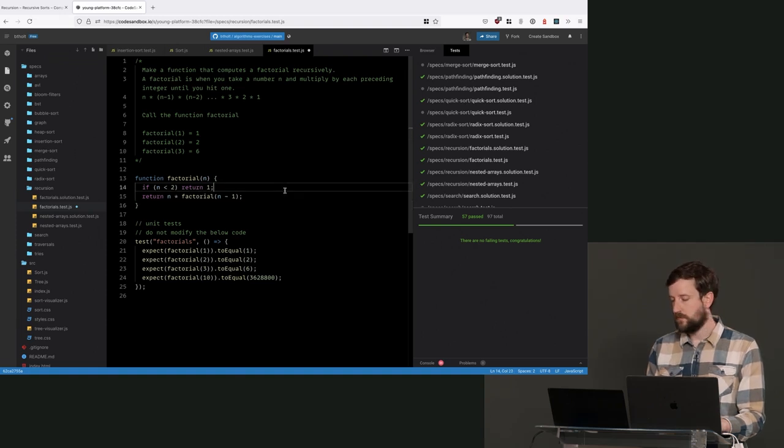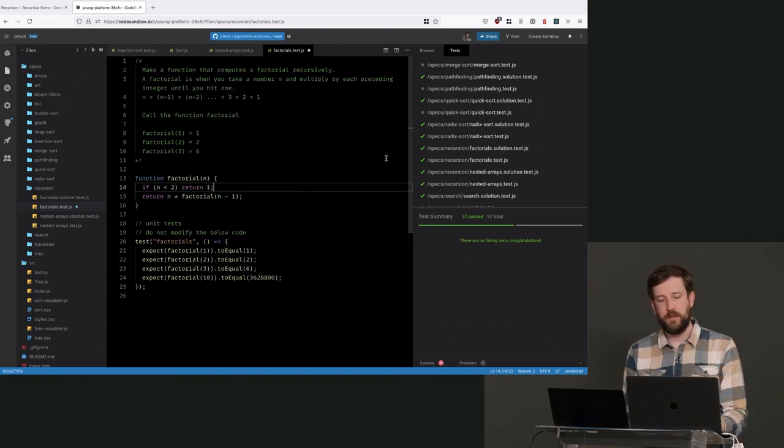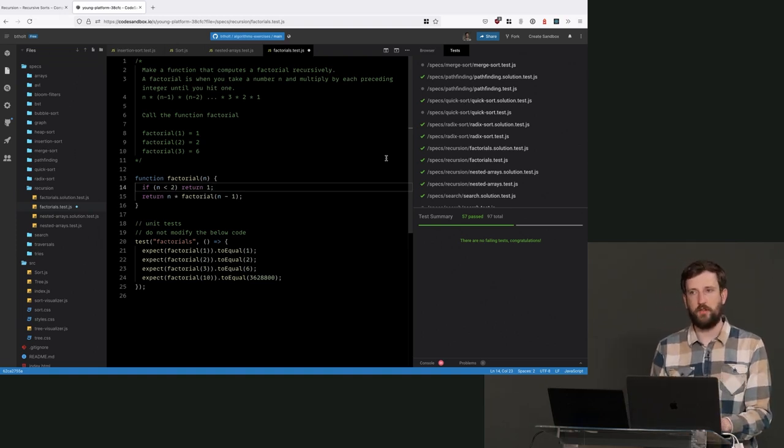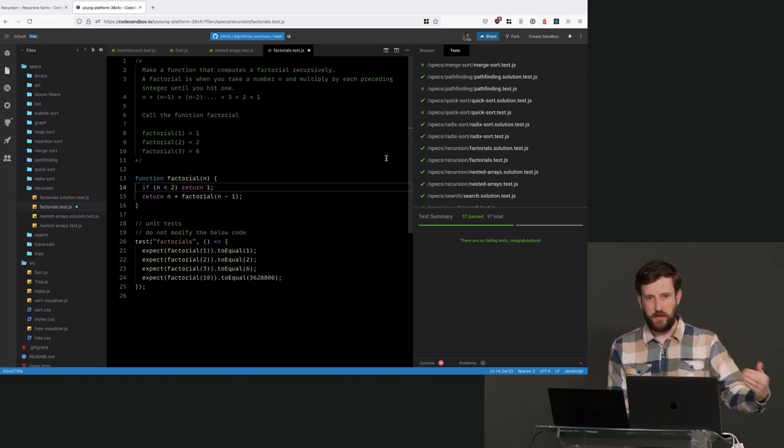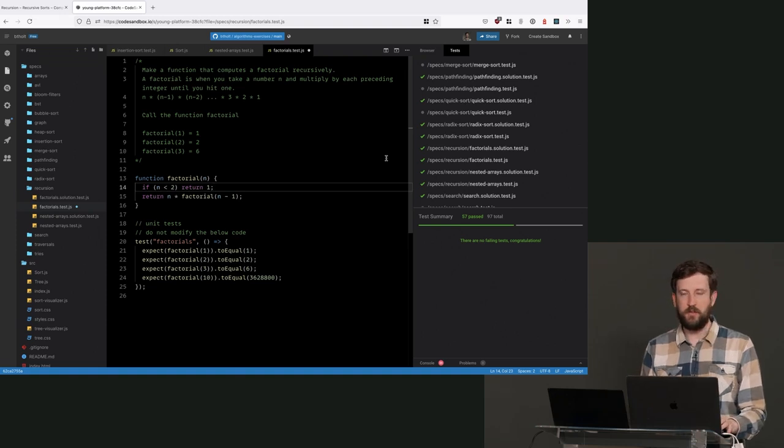Cool. Any questions about factorials or recursion or anything like that? So the question is, it can get pretty hard to conceptualize what's happening in the middle of recursion, right? It's hard to keep all that stuff in your brain because our brains don't really think in recursive manners. We think very much in a linear, imperative way of thinking.